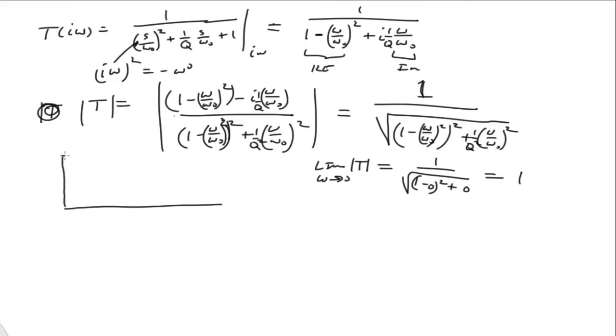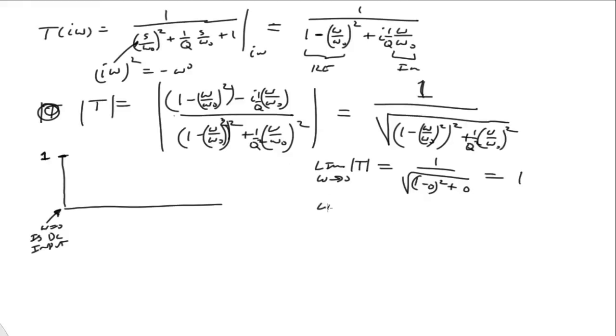Okay, so again, for DC inputs, omega equals 0 as a DC input, we see we have an amplification factor of 1. And I want to know what happens for other values.